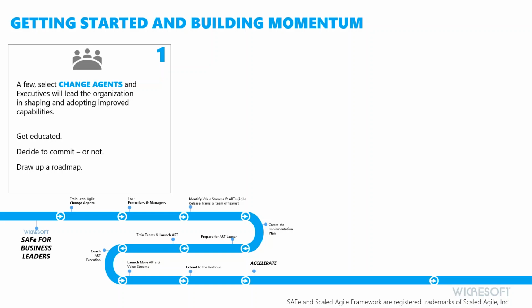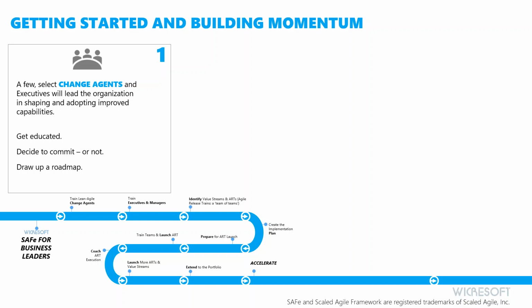But the catch-22 is sometimes you have executives and others who might not even have the time to get educated or the will at this point to sit through a couple of days of training.